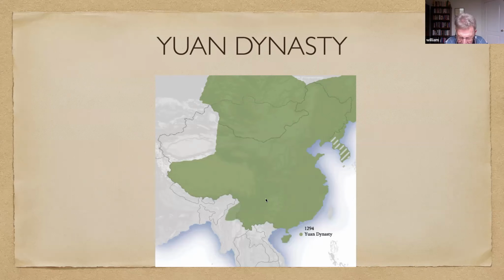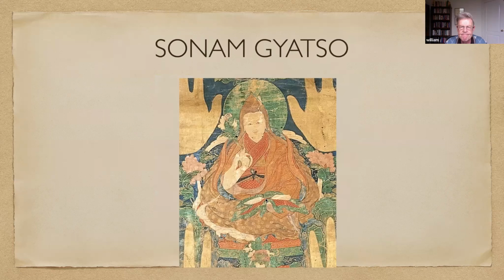So for our purposes, the next really important date is 1578, when the Chinese ruler, Altan Khan, the Mongol Khan, gave to Sonam Gyatso, leader of the Gelugpa school of Buddhism, the title Dalai Lama.